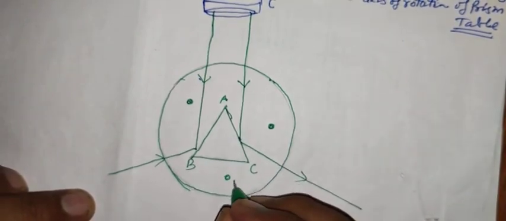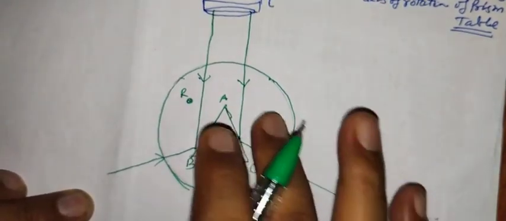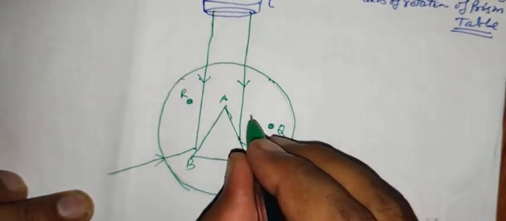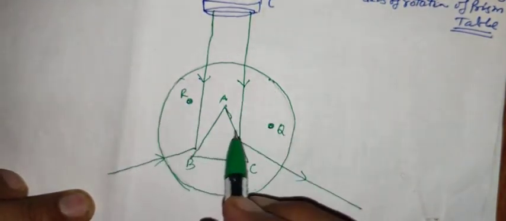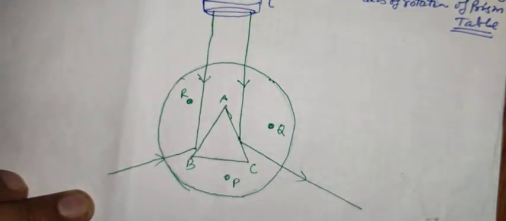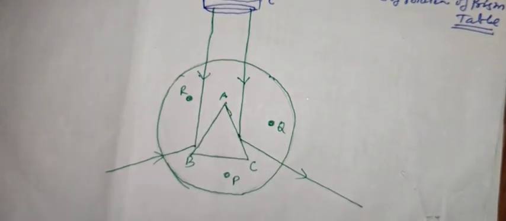We can call them P, Q and R. We can also use a spirit level to keep the prism table in the right position, in a level.